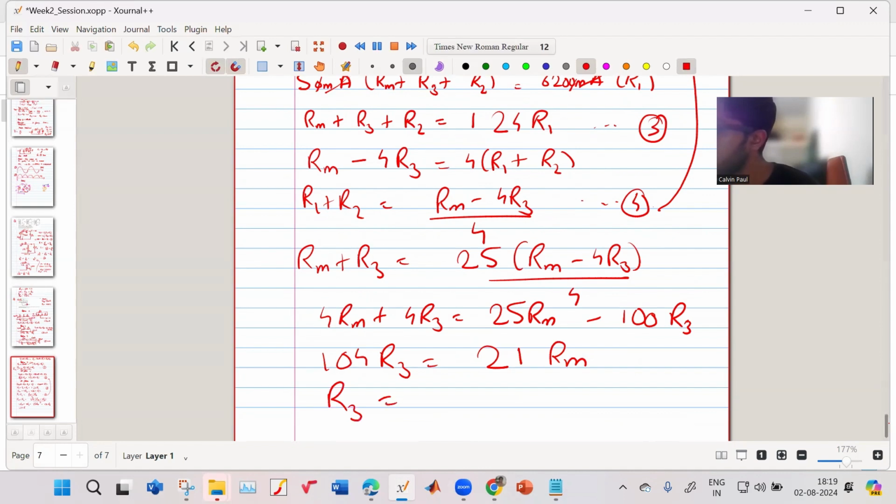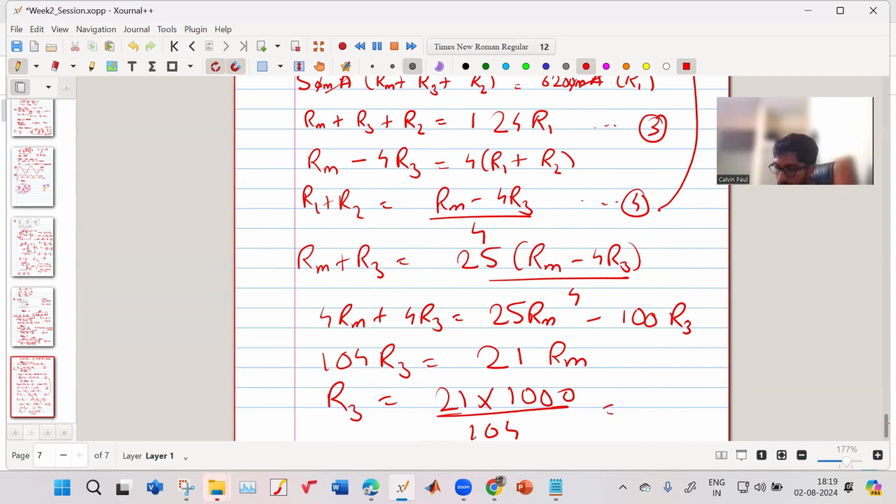So my R3 will be equal to 21 into 1000 divided by 104. And how much is it? 201.92. So that is equal to 201.92 ohm.